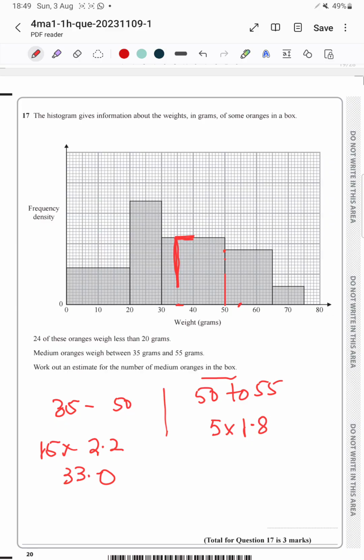So we got 5 times 1.8, this is 9. If I add these two, 33 plus 9, that is going to be 42. So there are approximately 42 oranges which are medium sized.